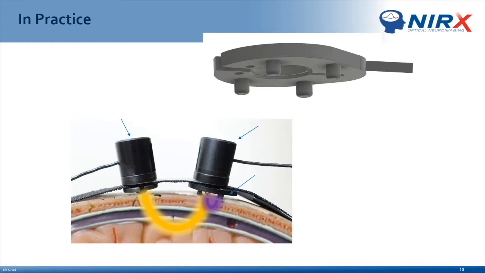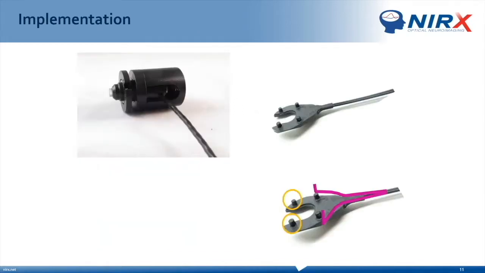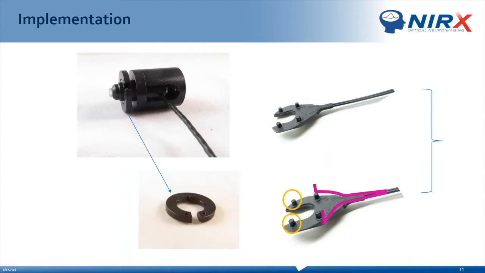So in the yellow, you can see a normal 3 centimeter distance standard channel. And in the purple, you can see one of our short channels. These are our short detector clips. These clips replace the base of spring holders and they sit around the source. The yellow circle bumps you see are rubber feet to balance this short detector clip.